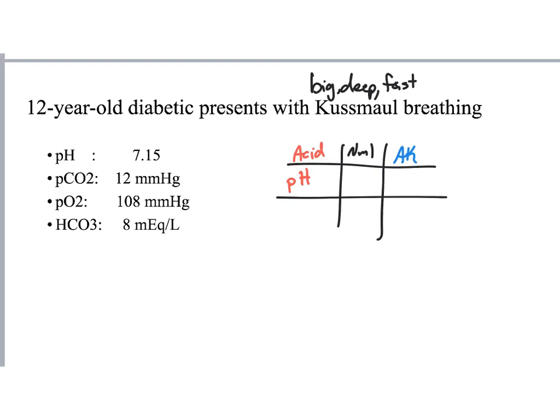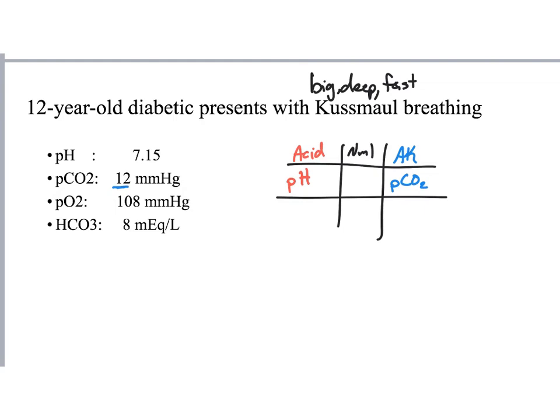Next, our PCO2. PCO2, remember normal value is 35 to 45, and our value is 12. Low PCO2. Think of that CO2 as an acid. Low acid. So our PCO2 ends up over here on the alkalotic side.